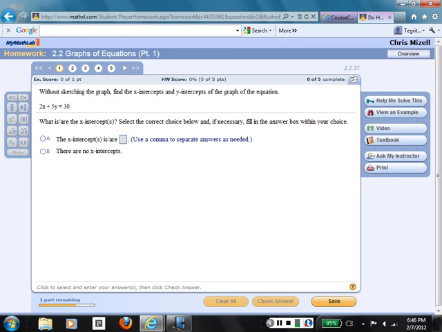Real standard procedure for finding an x-intercept. An x-intercept is going to be a point on the x-axis. All the points on the x-axis have 0 for their y-coordinate. So we substitute 0 for y, solve for x, and we find the x-intercepts.